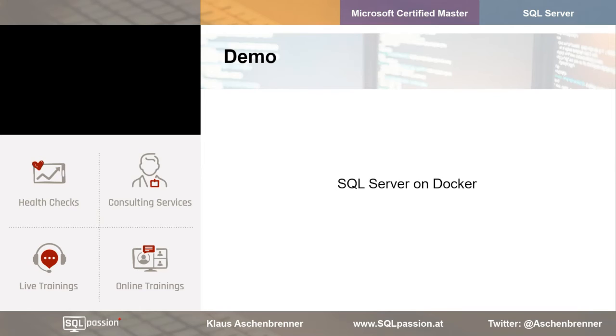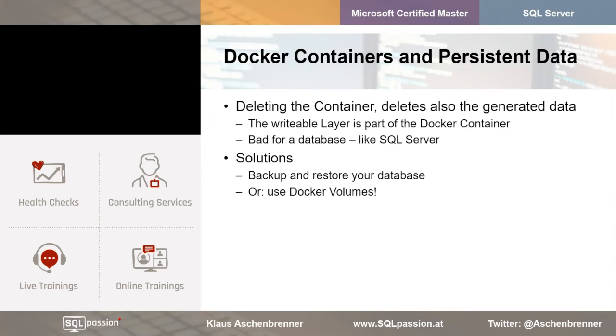So the question is, what if you want to preserve those databases? Imagine you want to remove a Docker container, but you don't want to lose the databases. Means how do you deal with persistent data in a Docker container?